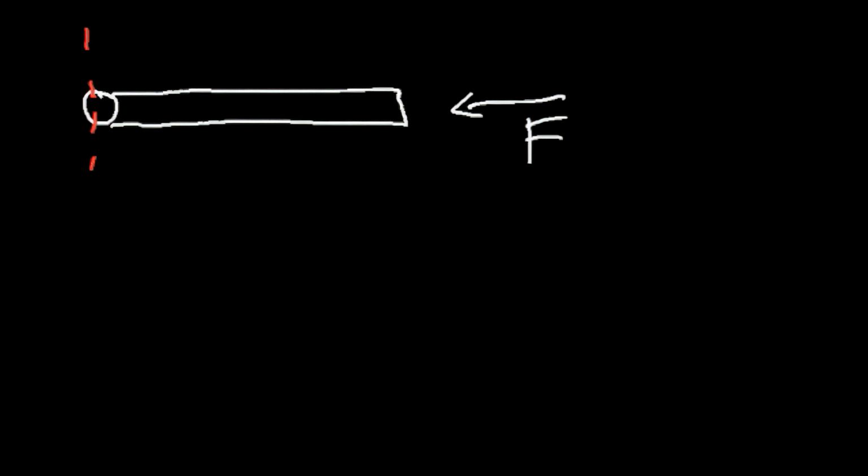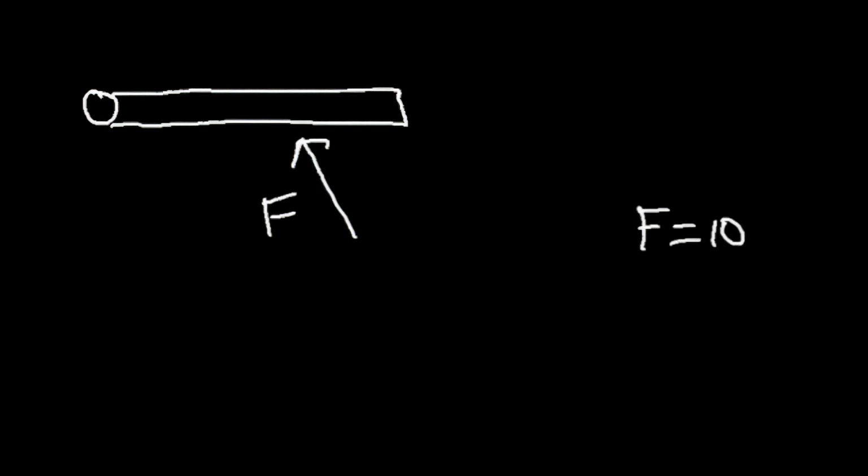Now, what if we apply a force at an angle? Let's say we apply it here, a force of 100 newtons. And let's say at the point of contact, the distance between the axis of rotation and the point of contact is, let's say, 5 meters.